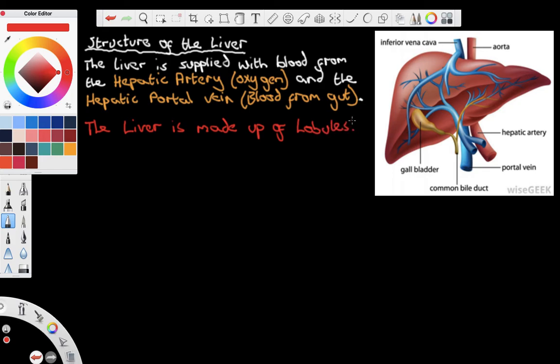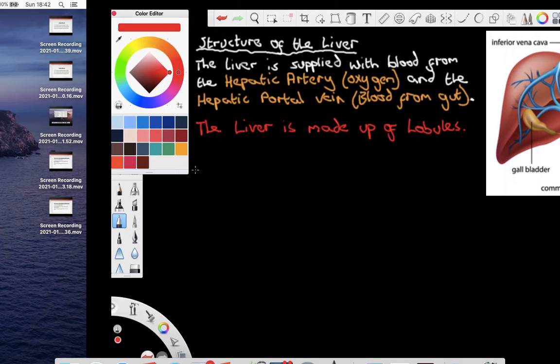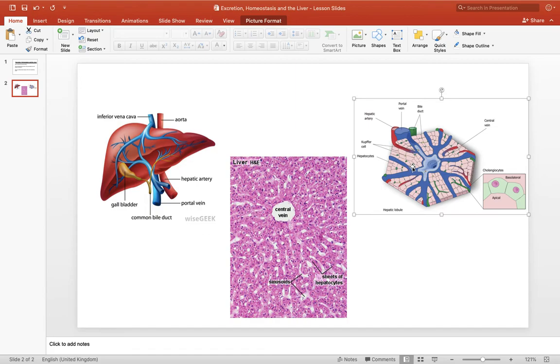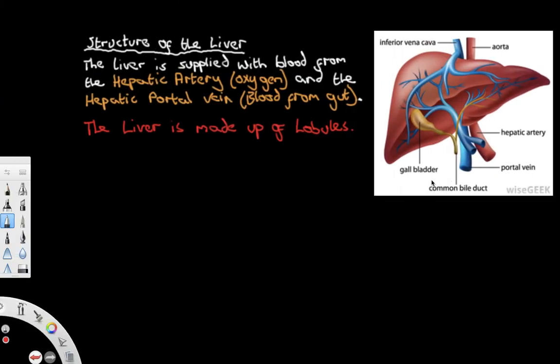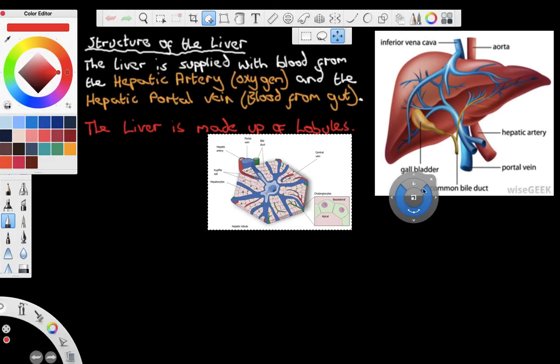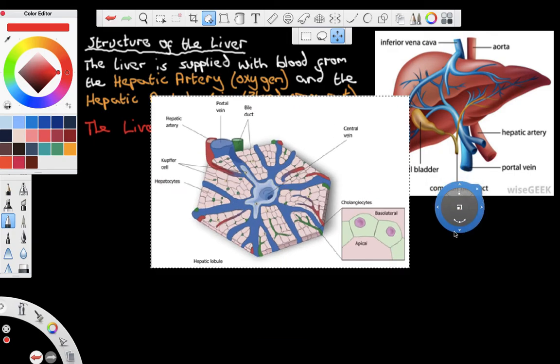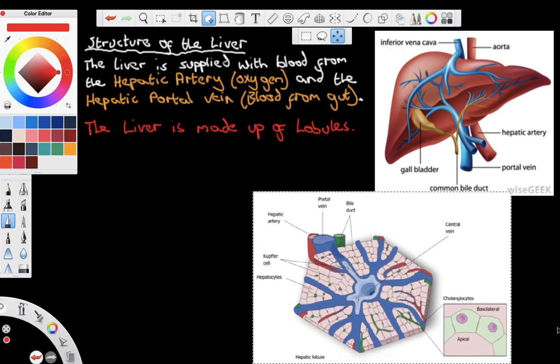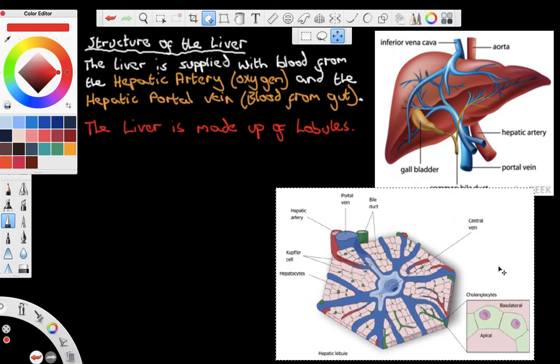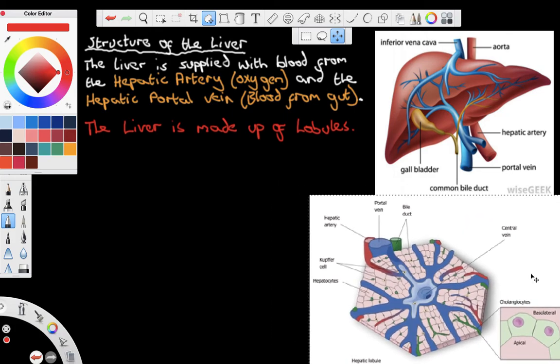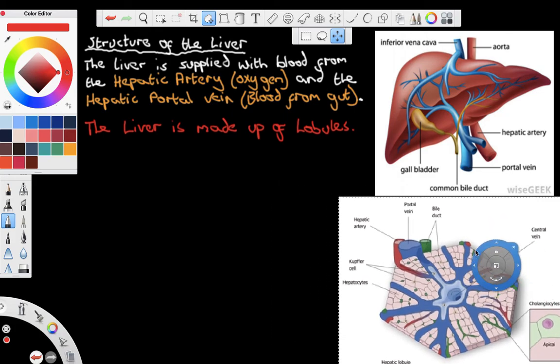Okay? Now, lobules contain lots of types of cells, and I've prepared an image taken directly from Google that looks like this. I'm going to make it a bit bigger so we can see. I'm going to try and fit it down here in this corner if I can. In fact, I'm going to leave it there like that.